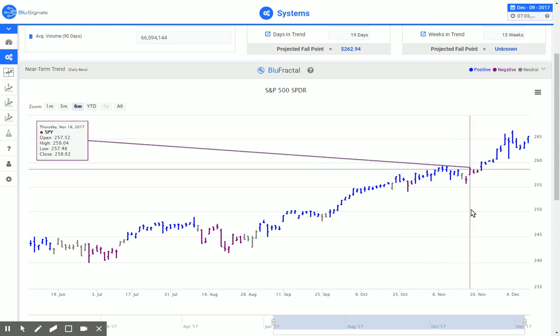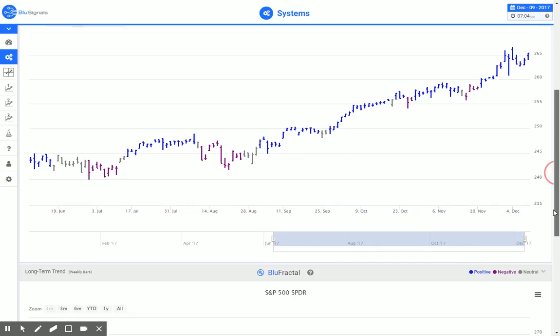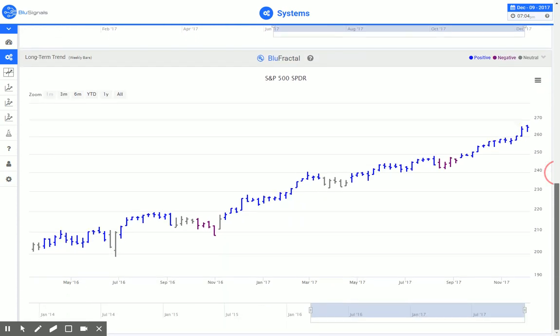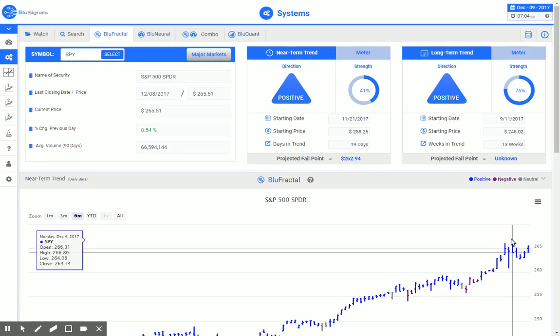Therefore, position traders, swing traders, and day traders all can find value in the BluFractal trend analysis and trend indicators found on the BluFractal system page.